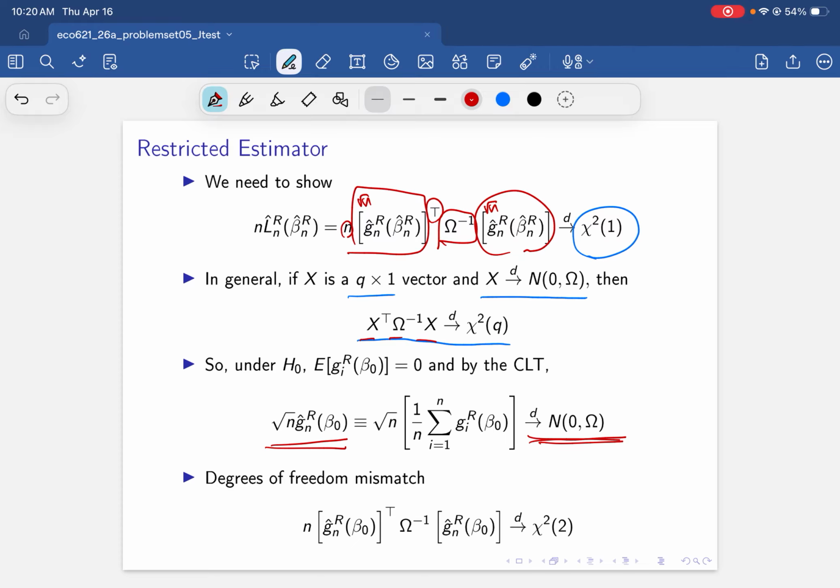That is also nice. The problem here is that we have different degrees of freedom. According to this general result, the degrees of freedom q should be the dimension of the vector, which should be 2 in our case. But we know for the chi-square test, the degrees of freedom is the number of moment conditions minus the number of parameters, which is 1.